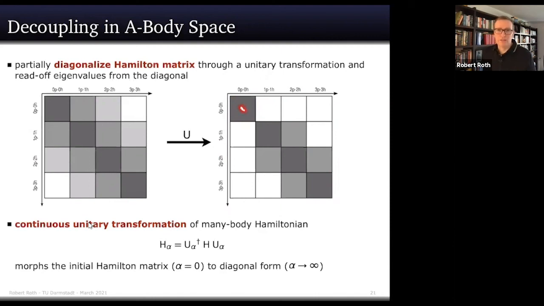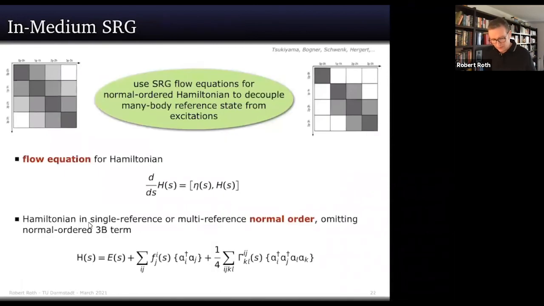Now, the only question is, how do I design a unitary transformation that does this job for me? And now it's pretty easy. We have the general framework of the similarity RG, and I use this flow equation to do exactly that. One thing changes. Now the whole evolution of the Hamilton matrix happens at the A-body level.